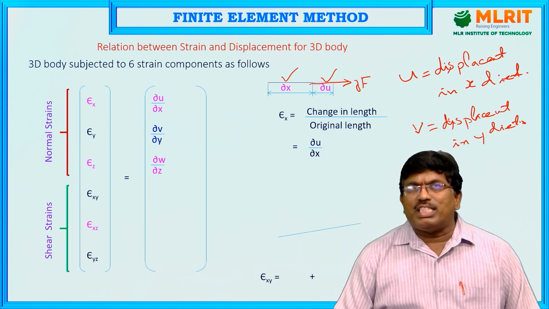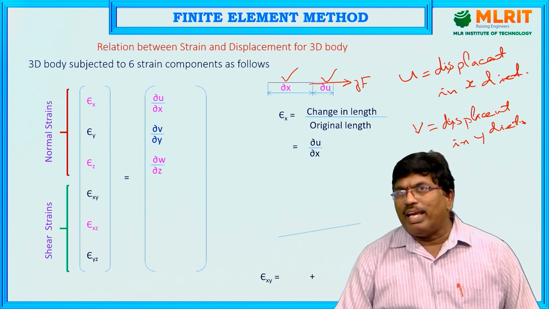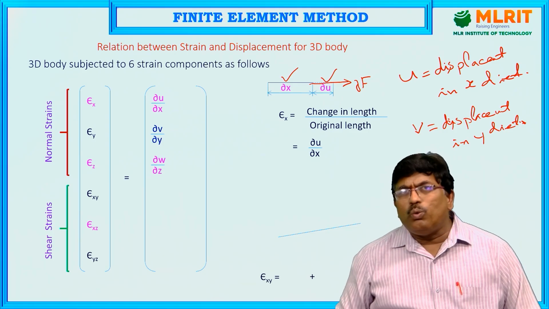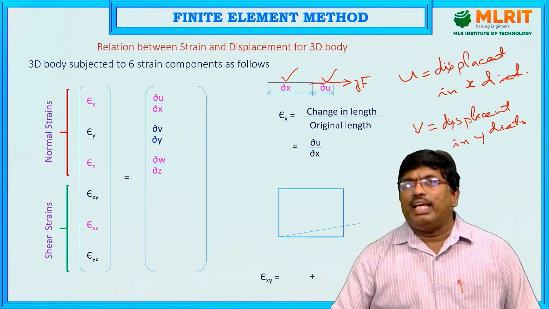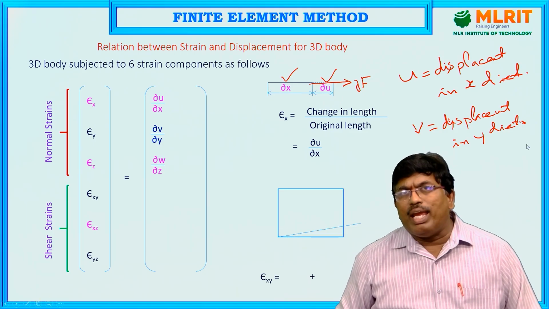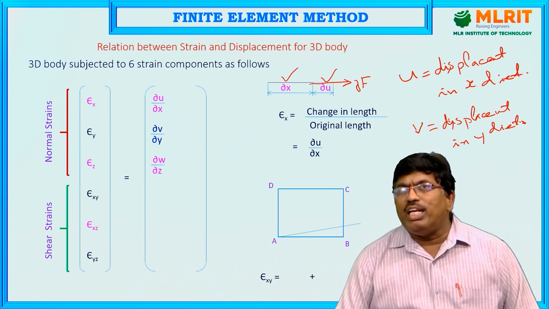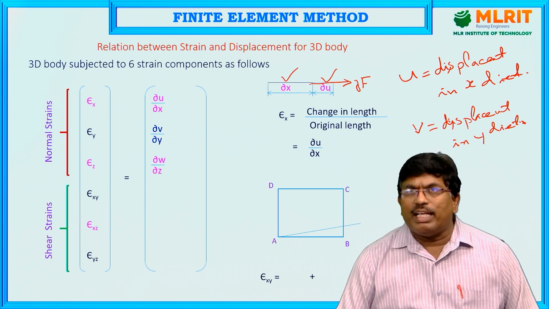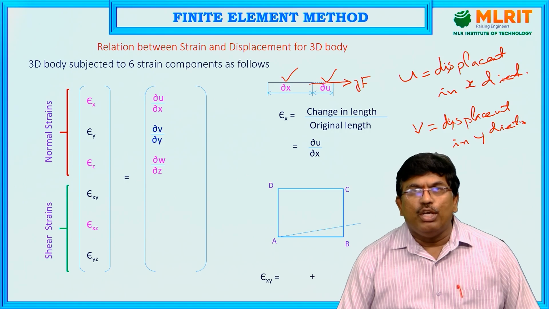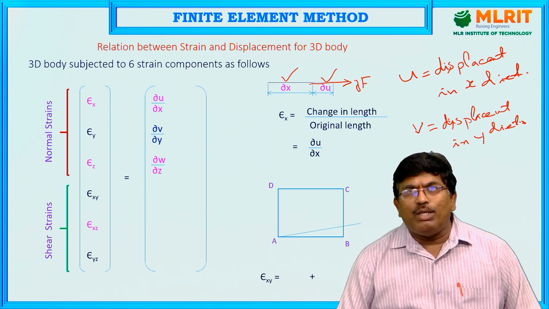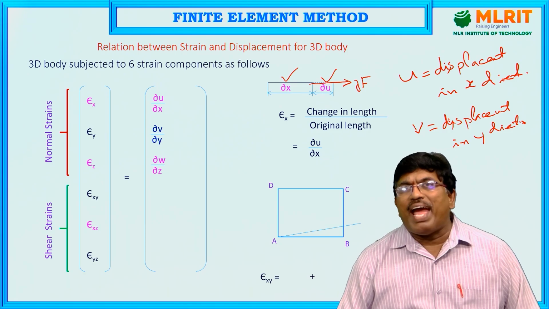So in this shear strain, first we will take the epsilon xy. To derive the epsilon xy, let us take a body A, B, C, D. So it is an undeformed body. I already said that shear strain means the load will act parallel to the failure area, otherwise a tangential load will act on the body.